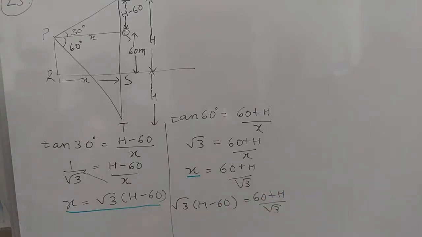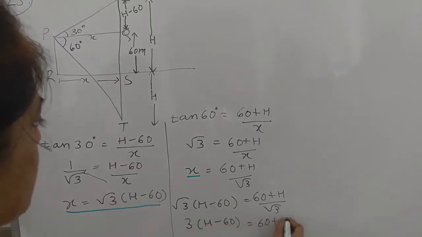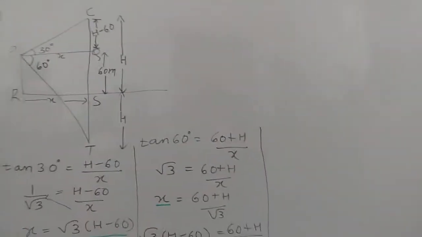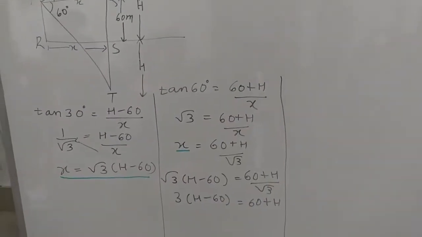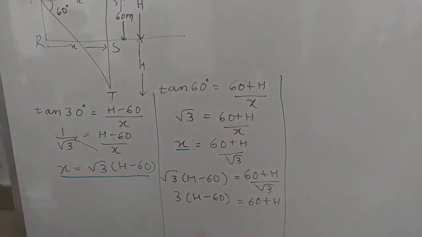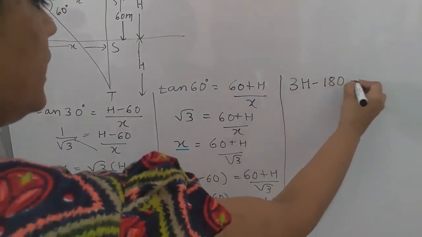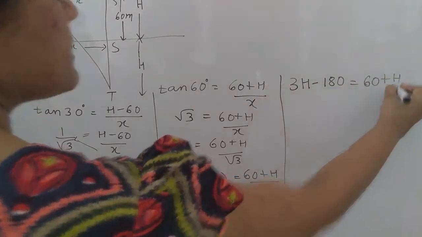Now taking this root 3 multiplication, we get 3 times (H minus 60) is equal to 60 plus H. Now multiplying this 3 inside, we get 3H minus 6 threes are 180 is equal to 60 plus H.